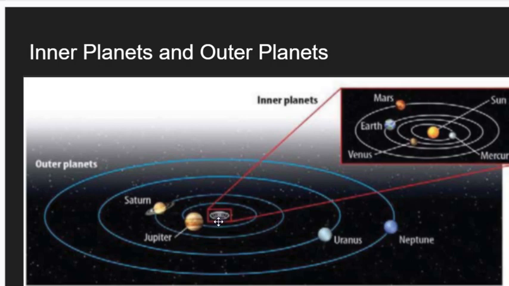First of all, look at how far apart all these planets would have to be. They even had to kind of do a little magnifying of the inner planets just so we could see the outer planets, okay? The inner planets are way closer together. There's the sun right there in the center, and the outer planets are way farther apart.